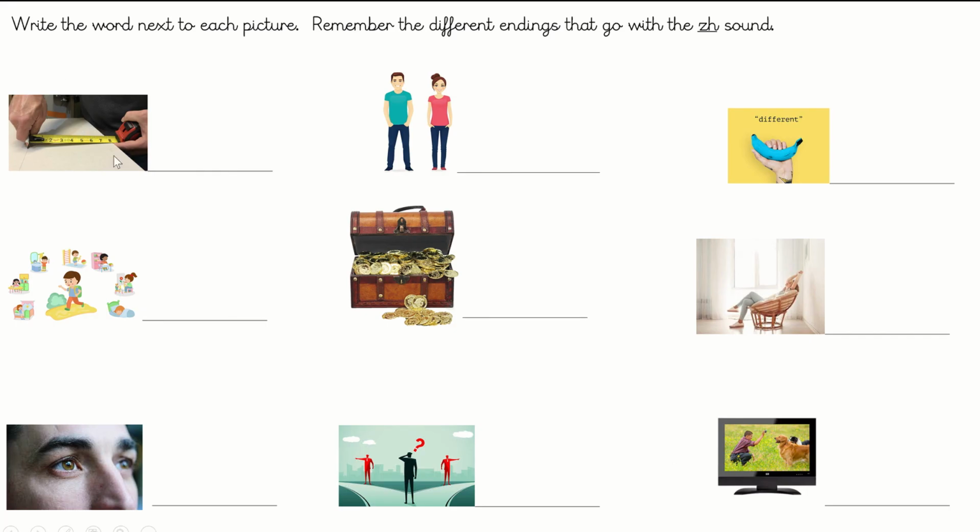We've got measure with a tape, usual with a little boy and all the things he usually does. You've got vision with the man with eyes. The man and the lady is casual. The treasure chest is treasure. The little man with a question mark over his head and the two red men is the word decision. The blue banana and the word different is unusual. The lady sitting in the chair is leisure. And finally, the picture of the TV is television.